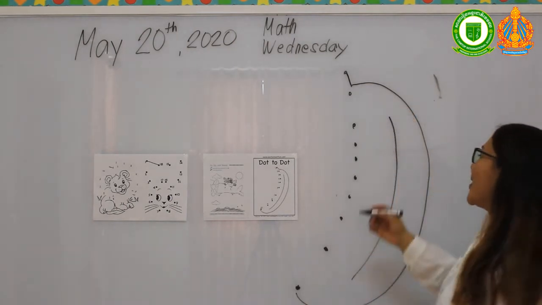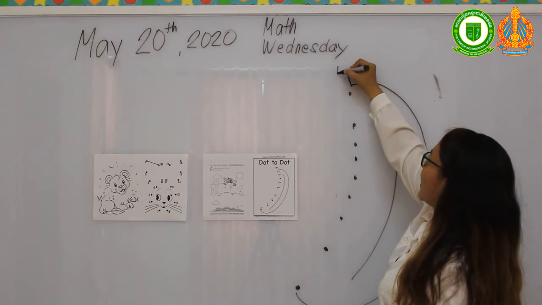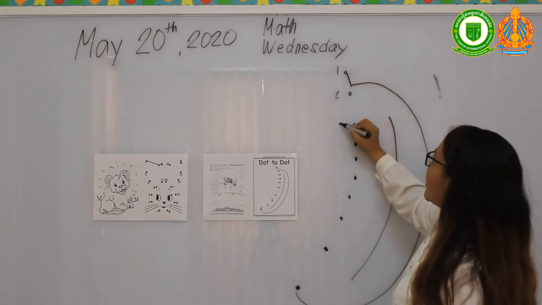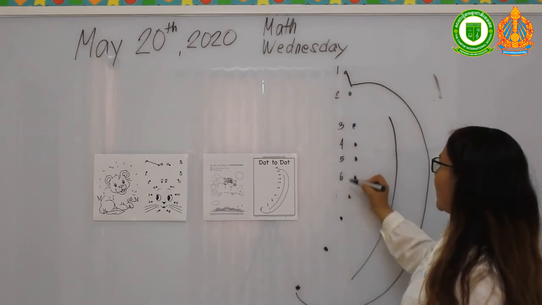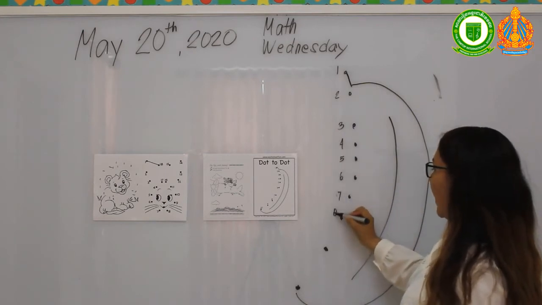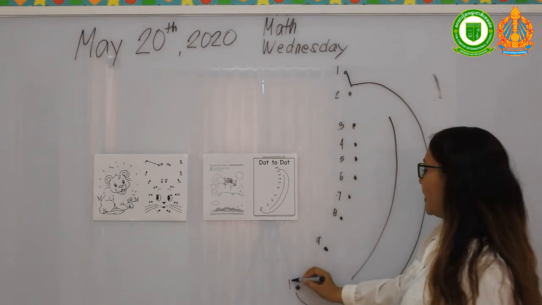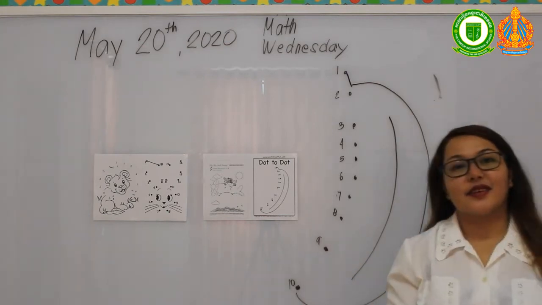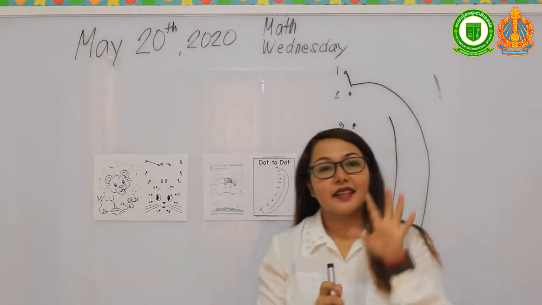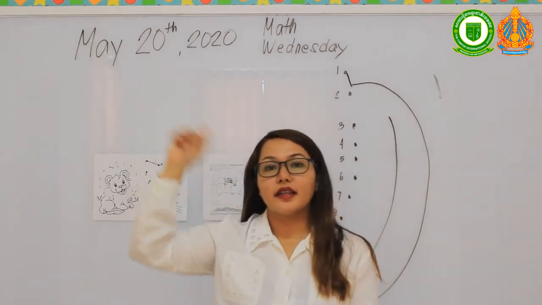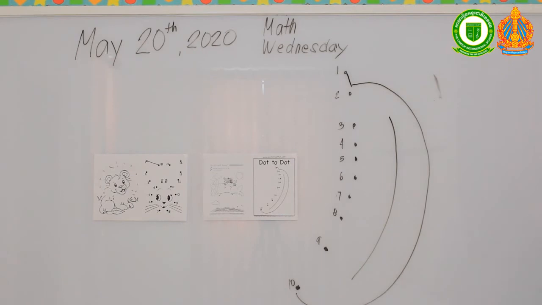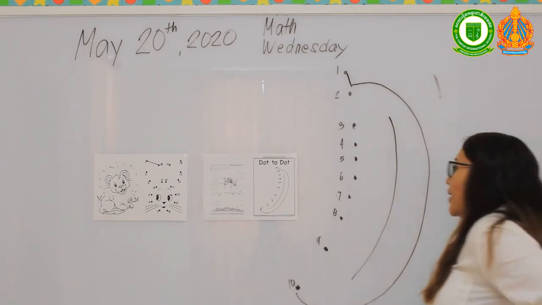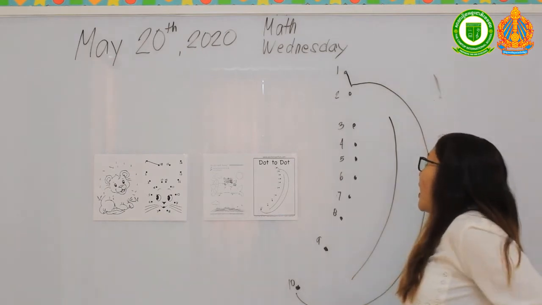Okay, so there's numbers again. When connecting the dots, we have to follow the numbers. 4, 5, 6, 7, 8, 9, and 10. Alright, so are you ready? Let's connect the dots from 1 to 10. Okay, let's do it. Let's find out what kind of picture are we going to have.